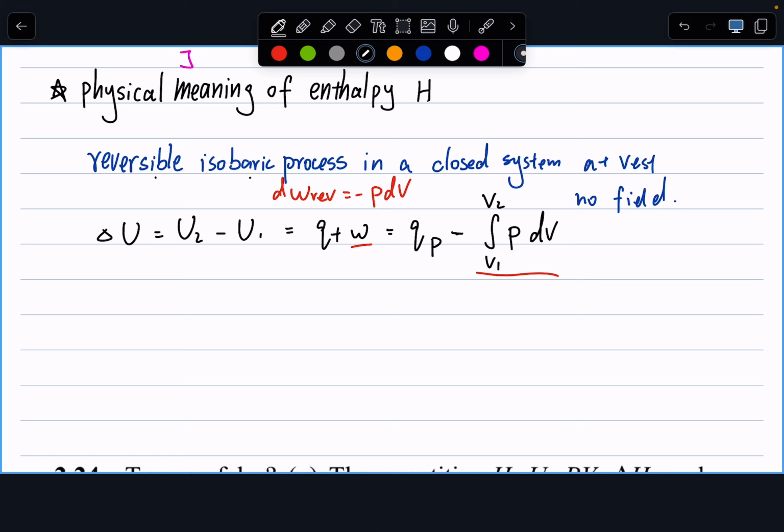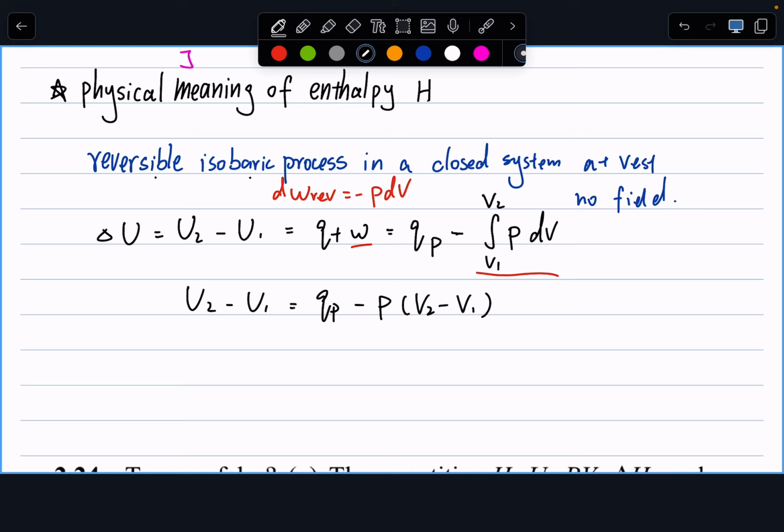Again, keep in mind, we can only do that because this is an isobaric process, so we know P is a constant. This equation thus becomes Q_P minus pressure times (V2 minus V1), and on the left, we have U2 minus U1.